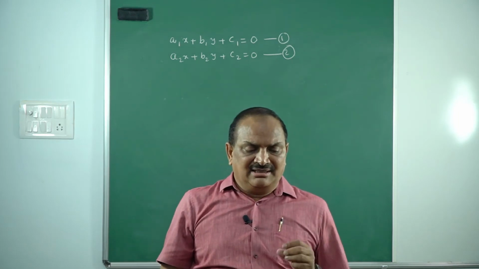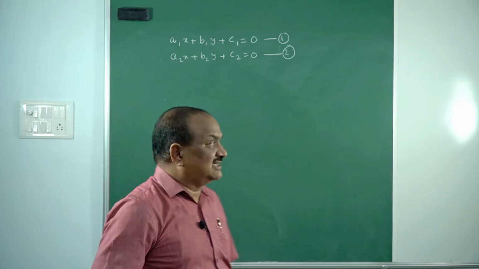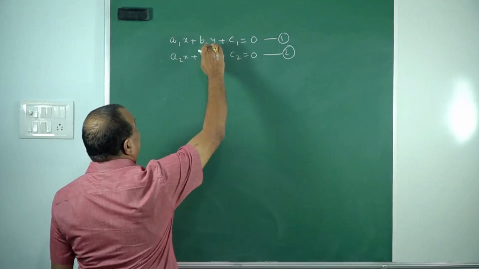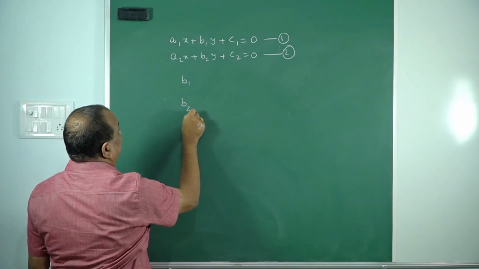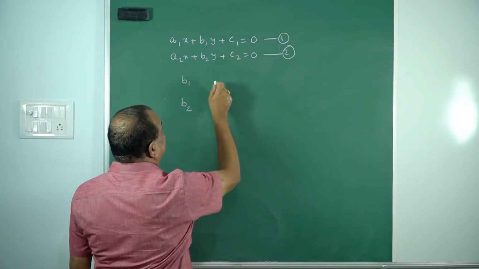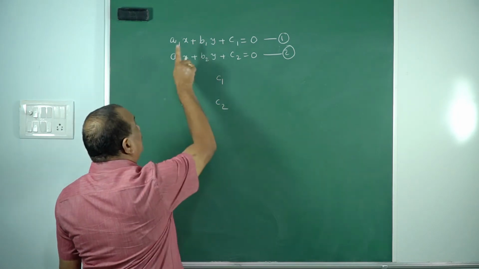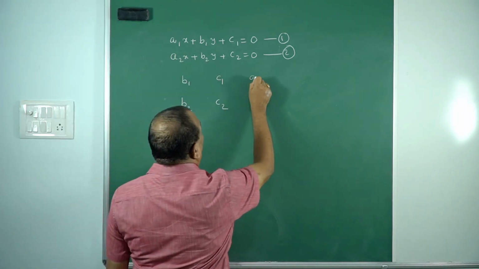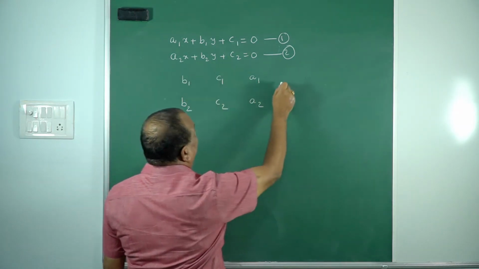Follow what I am doing. Write the coefficients first. I first write b1, b2, c1, c2. Then you write a1, a2, and again write b1, b2.